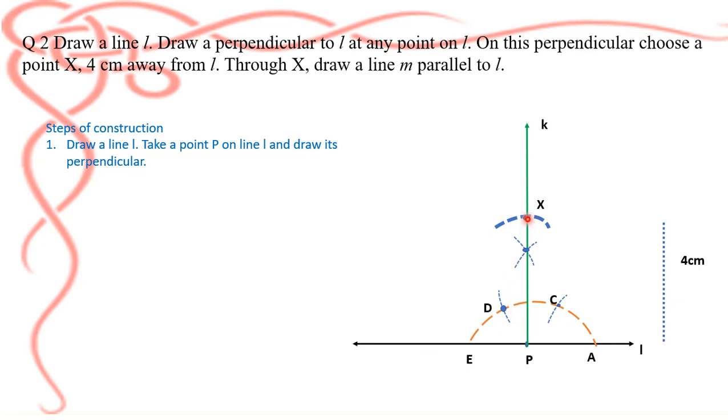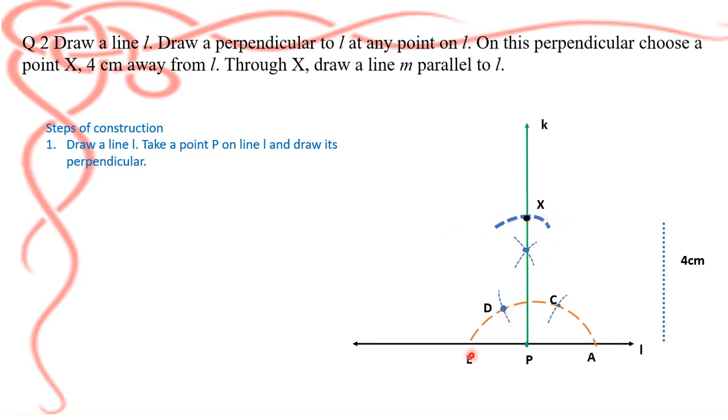As we know that when lines are parallel, the alternate angles are equal. So we have to make the alternate angles equal here. So this angle at P is the alternate interior angle. If we draw an equal angle here, it will make alternate interior angles, and by joining that point, we get a parallel line.